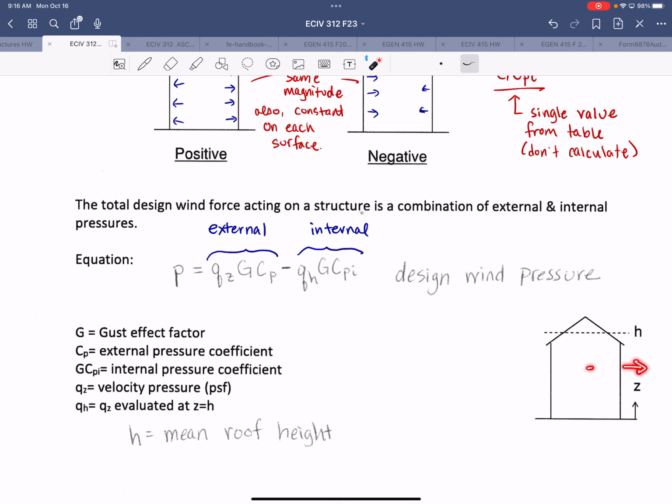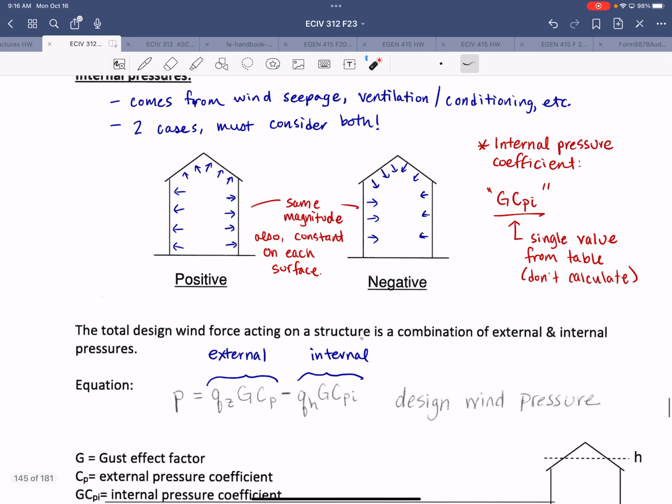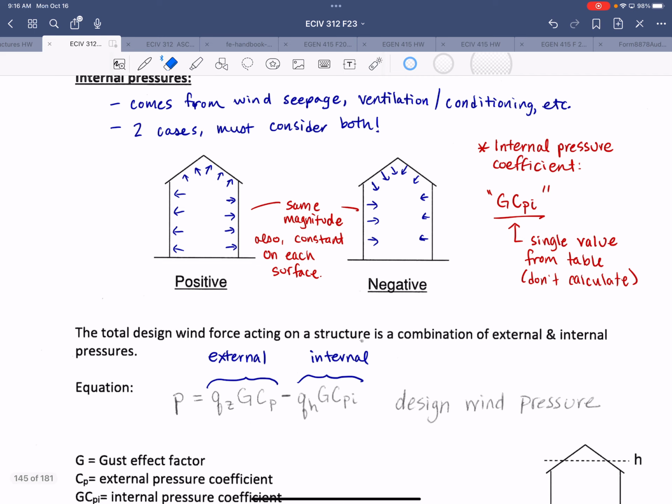So if you have positive internal pressure on the leeward side, you're going to have a larger net pressure. But if you have a positive pressure on the windward side, you're going to have a smaller net pressure. And you're never going to have a positive pressure on one inside face and a negative pressure on the other inside face, because you always consider all negative or all positive for internal pressure.